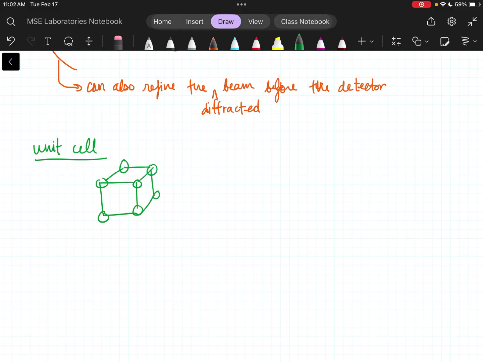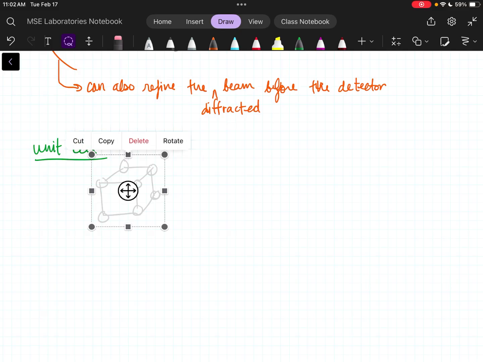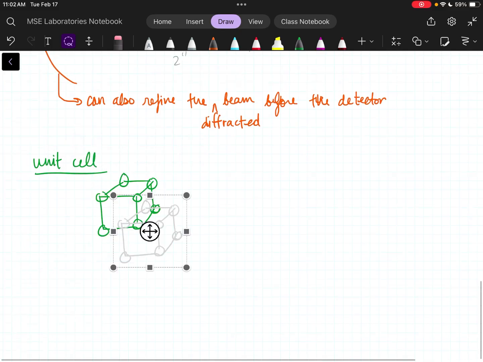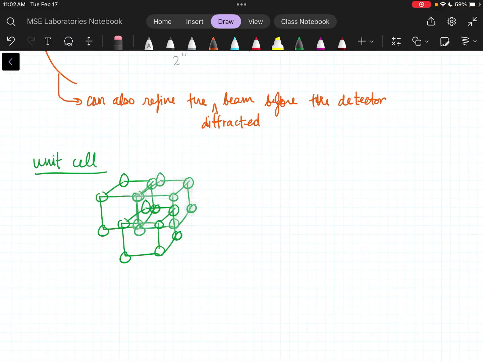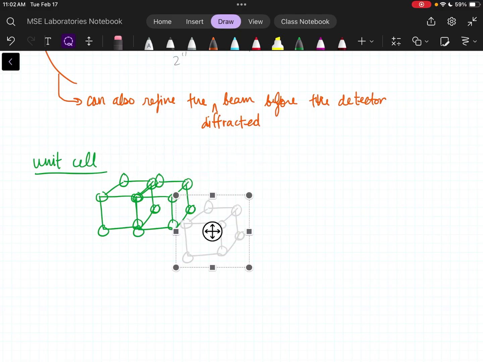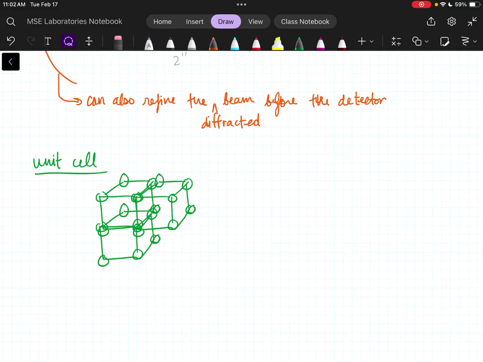Exactly. We typically draw atoms as corners, and I have some three-dimensional structure. I can stick it right next to itself and get this repeat unit, or I can stick it below itself and get this repeat unit.